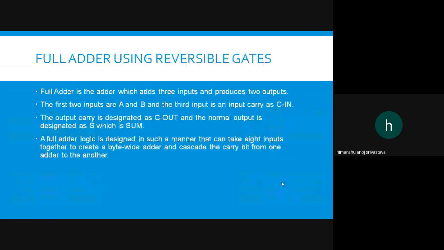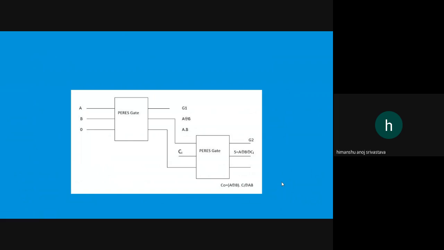After that, we construct a full adder using the reversible gates. In reversible gates, we can use different gates like Feynman, Fredkin, Toffoli, and Peres. We go with the Peres gates. This is the implementation, a simple block diagram, in which we use two Peres gates. A full adder is an adder which adds three inputs and produces two outputs, the sum and the carry.